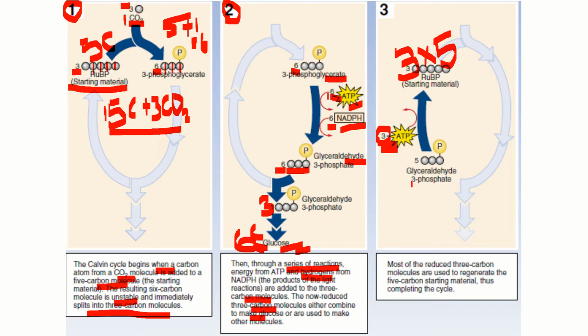And how many carbons are there in glyceraldehyde 3-phosphate, 5 molecules? Each of them contains 3 carbons. Totally 5 molecules are there. So 5 times 3 again is equal to 15 carbons. So RUBP is completely regenerated. I mean 3 RUBP molecules are completely regenerated using 3 ATP.